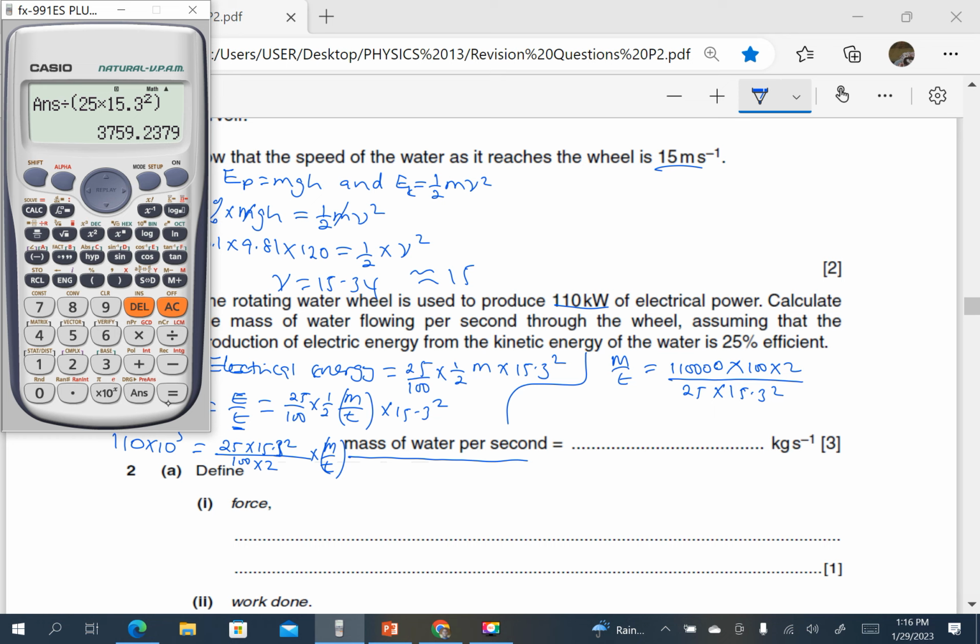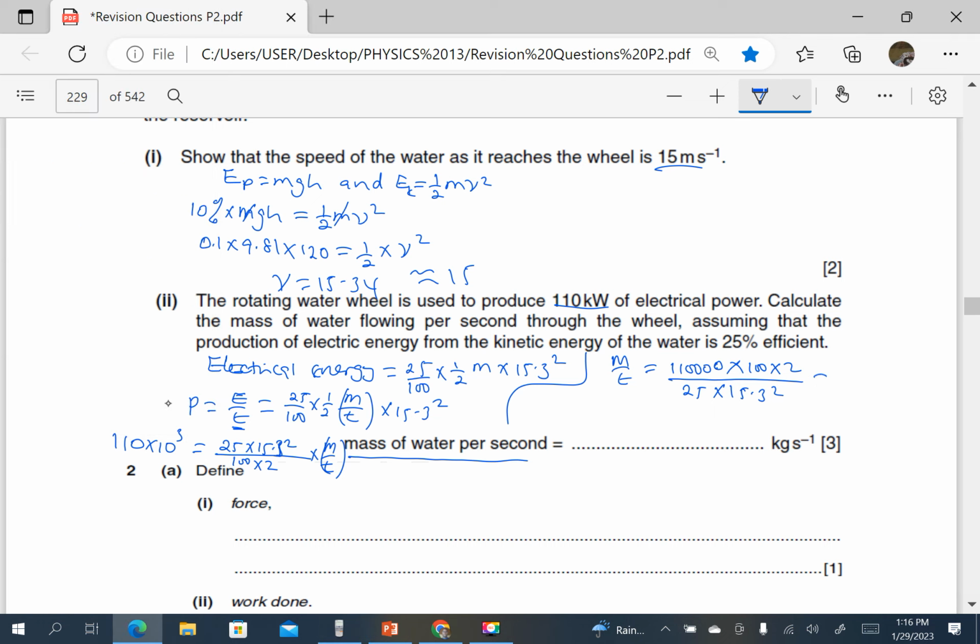So that is 3759 kilograms per second, or 3760 to three significant figures. You can also verify that.